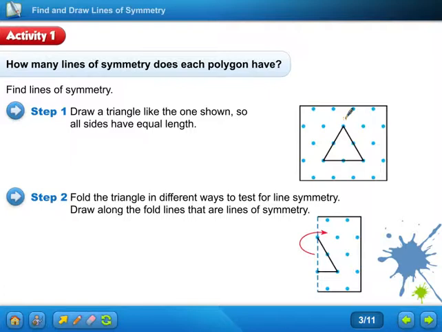So the only 3 ways you can fold it are straight down, and then diagonally, and diagonally. So those are the only 3 ways. If you have cut your triangle, you can fold it and that would be much easier. All right, let's go on to the next one.